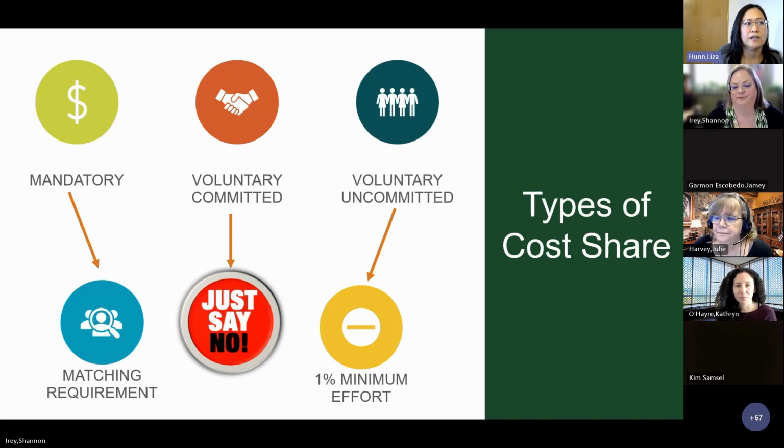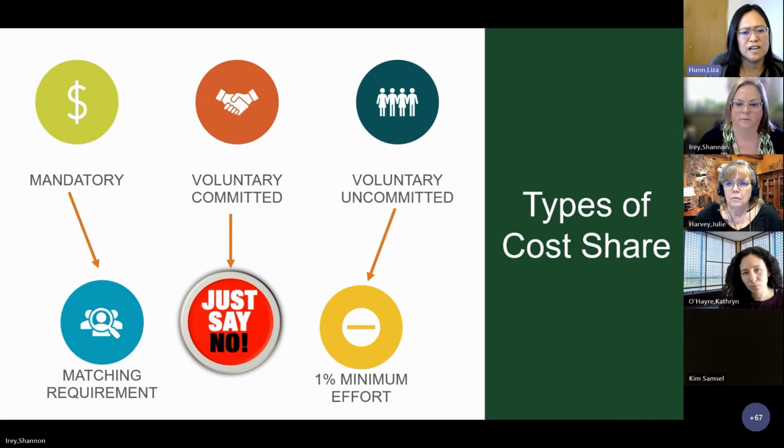You discuss it, you quantify it, it's in the proposal, and even though it was voluntary, because you quantified it and you discussed it, it will become a condition of the award at the award stage. And this is highly discouraged by CSU. Yeah, highly discouraged. Let's go to the next slide.